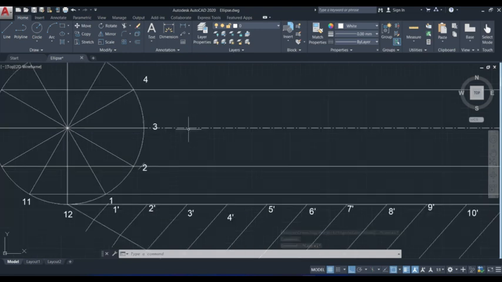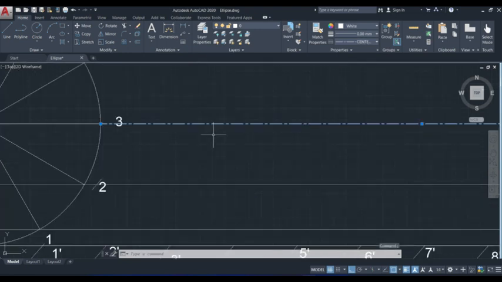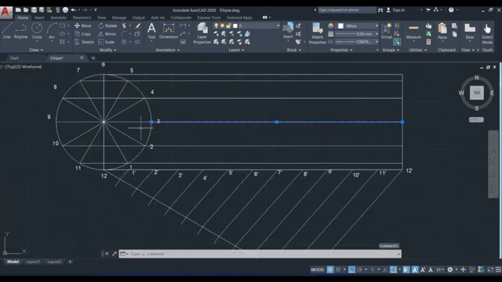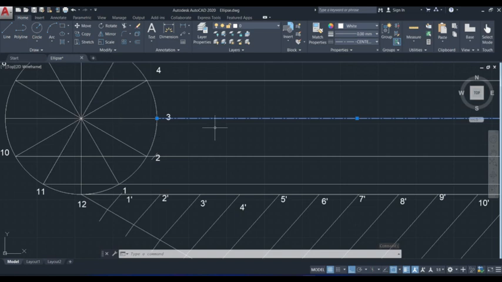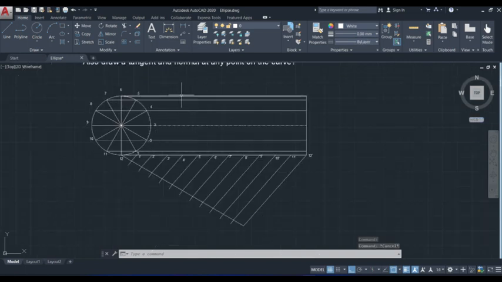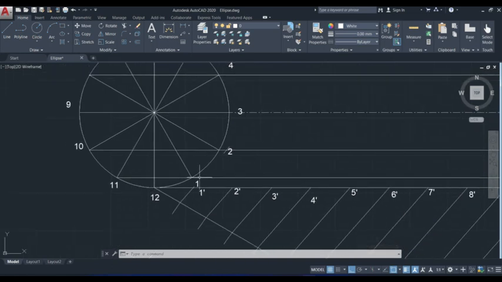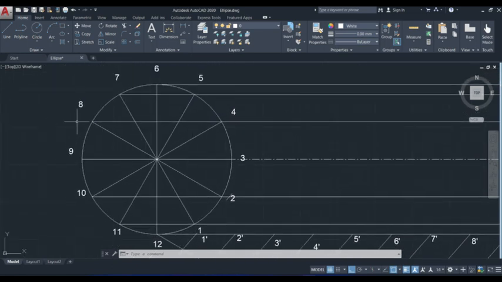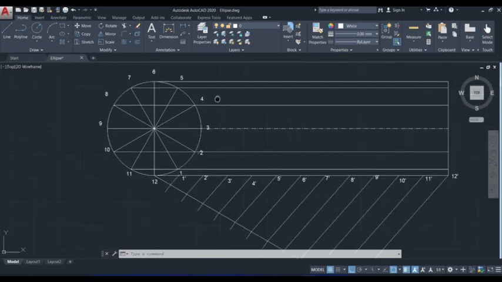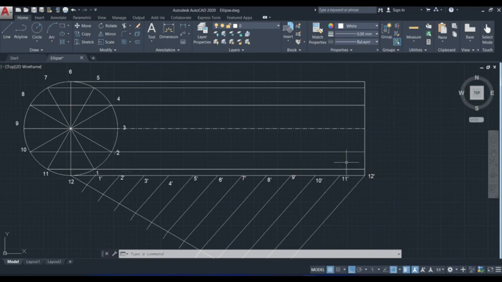Here, as you can see, this line is the central line which is passing through the center of the circle. These all lines which are connecting through points 1, 11, 2, 10, 3, 9, 4, 8, 5, 7 and 6 are parallel to the base line or directing line of the curve.